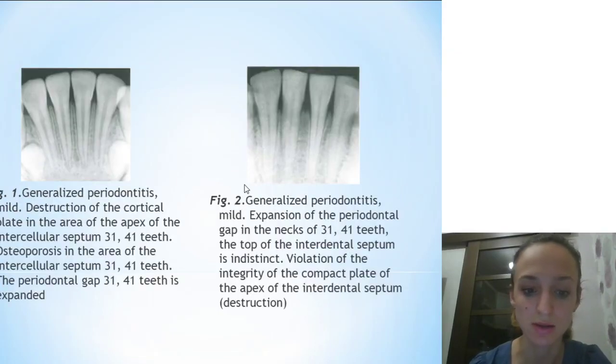So, generalized periodontitis is a disease characterized by inflammation and progressive destruction of the periodontal tissues. In children, it can be caused by a prolonged chronic course of gingivitis, usually on the background of somatic diseases.